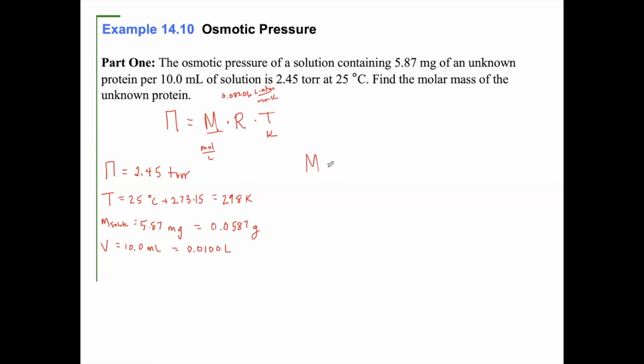The molarity is going to be this formula rearranged, right? It's going to be the osmotic pressure divided by the ideal gas constant times the temperature. And I should have done this first. Of course, since we're using the ideal gas constant, we have to convert this to atmospheres. 0.003223 atmospheres.